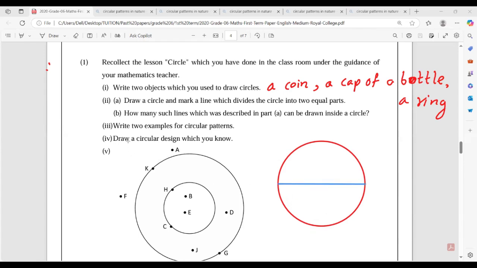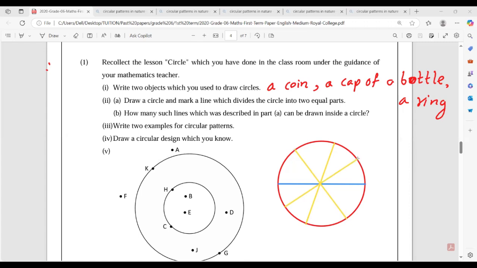Okay. And how many such lines, which were described in part A, can be drawn inside a circle? So in a circle, you can draw so many of this kind of line. You can draw any number, right?